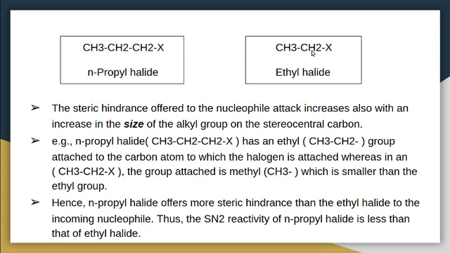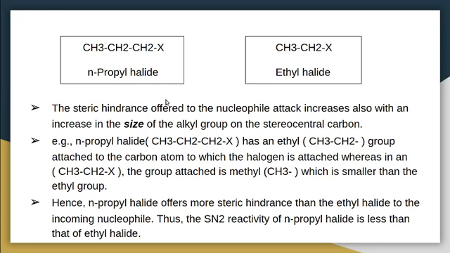So with increasing size of the alkyl group, the SN2 reactivity correspondingly decreases. Hence N-propyl halide offers more steric hindrance than ethyl halide to the incoming nucleophile. Thus, the SN2 reactivity of N-propyl halide is less than that of ethyl halide.